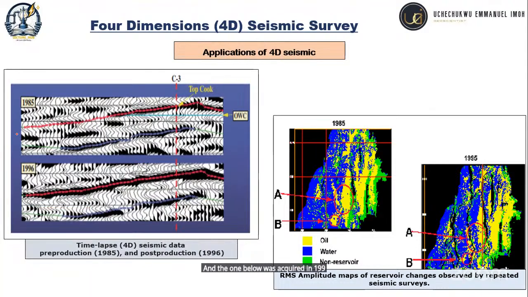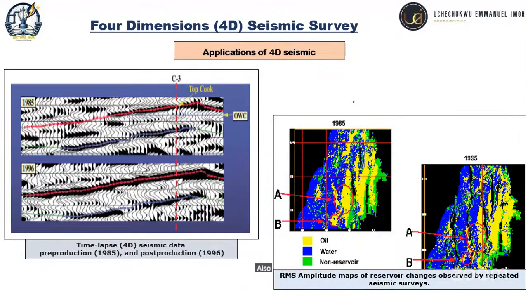You can see that on this interpreted horizon, the amplitude was not continuous, but after about 10 years or thereabout, the amplitude becomes more continuous, which shows a change within the reservoir. The change can be interpreted by geologists to mean anything. It could mean depletion of oil and water flooding, or inclusion of formation water. It could mean anything depending on how it's been interpreted.